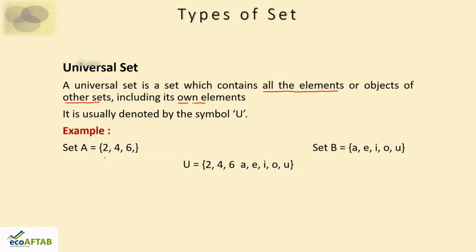Set A is 2, 4, 6. Set B is A, E, I, O, U. So all the elements of set A and all the elements of set B together constitute the universal set.